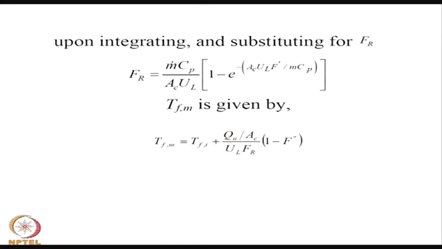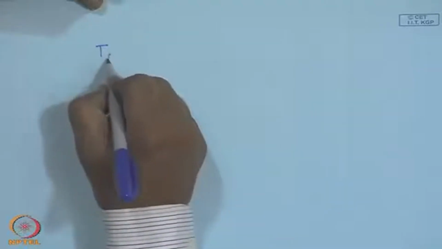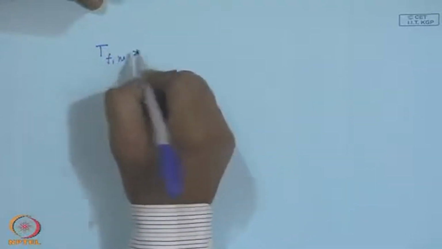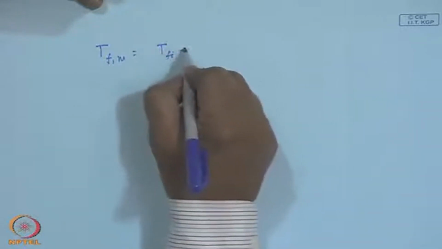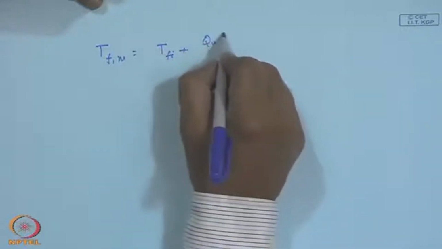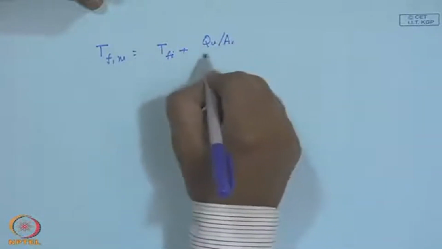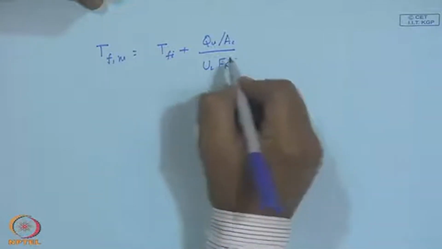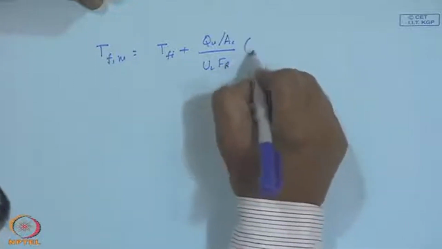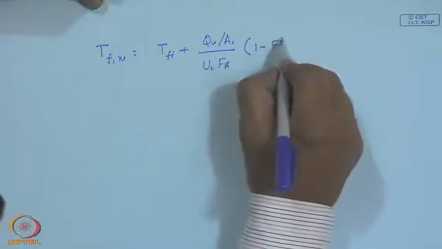and use substitute for F r, which we already know, T f m is simply given by T f i plus (Q u by A c) by (U L F r) times 1 minus F double prime.